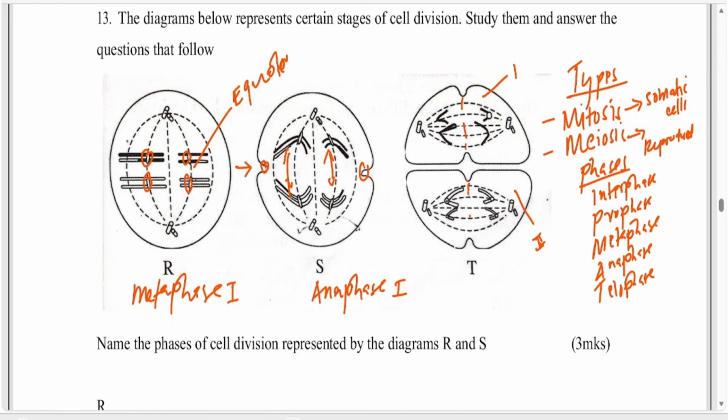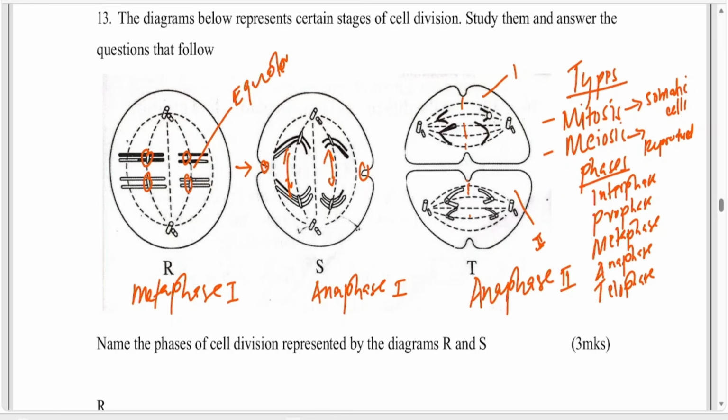So T is anaphase, but anaphase 2, because the chromosomes are not in pairs. We already have chromatids in each of the four daughter cells.